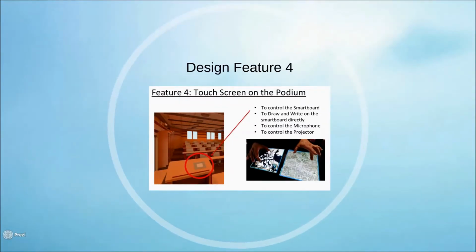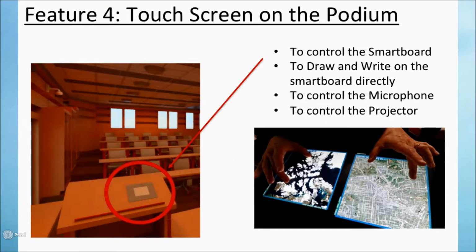The fourth feature is the touch screen on the podium. The podium is mainly used by any tutors or lecturers or professors and doctors. The touchscreen allows the lecturer to control the smartboard with just a few fingers.